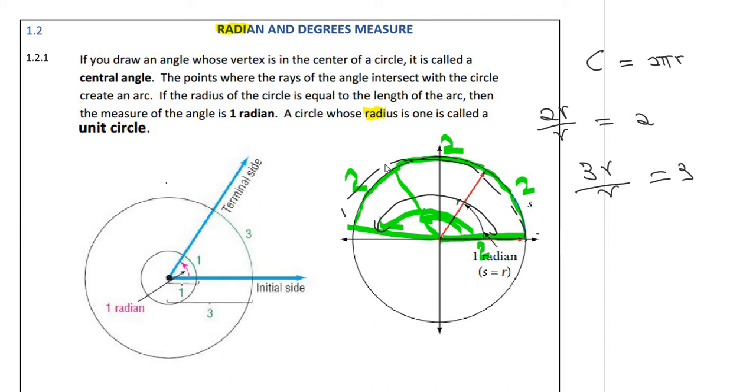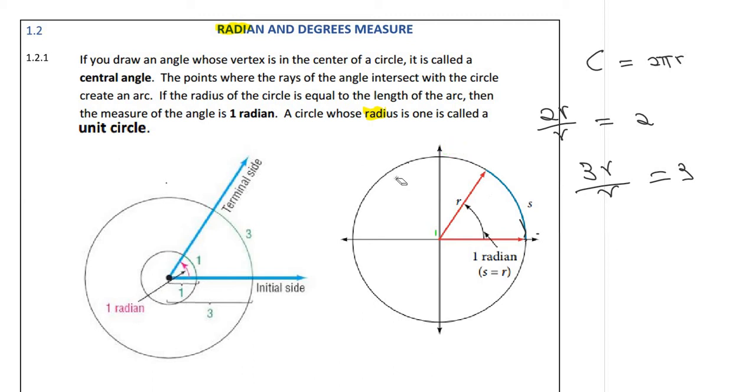Let me just clean this quickly and revise, so that you make sure again. For radian measurement, they took the length of the radius, and if you go 1 radius on the circumference, you will have 1 radian.